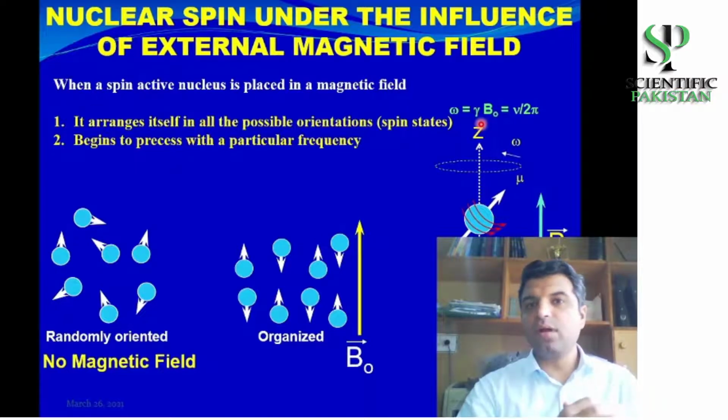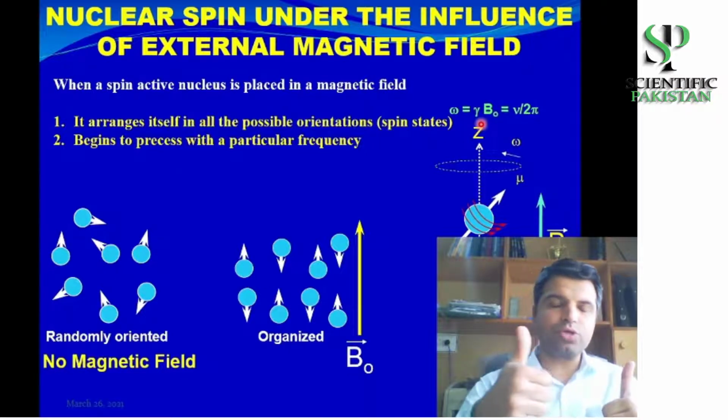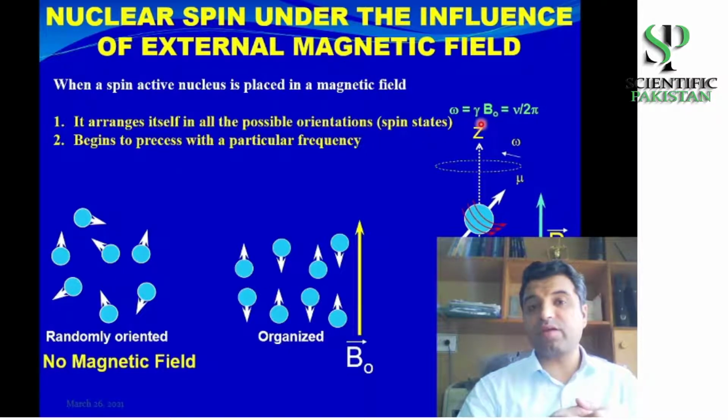So for example, we are talking about proton and carbon-13. Proton has a different gyromagnetic ratio than carbon-13, which means that under the influence of the same strength of applied magnetic field, the Larmor frequencies of proton and carbon-13 would be different because they have different gyromagnetic ratios.